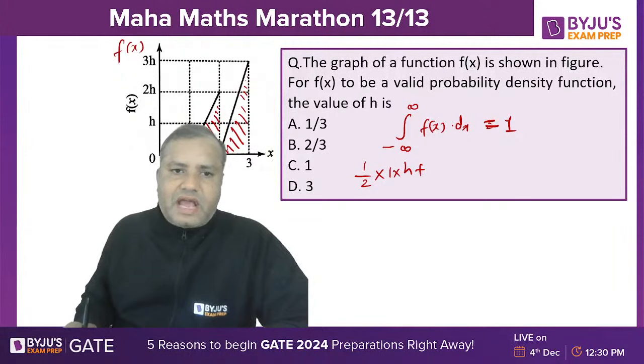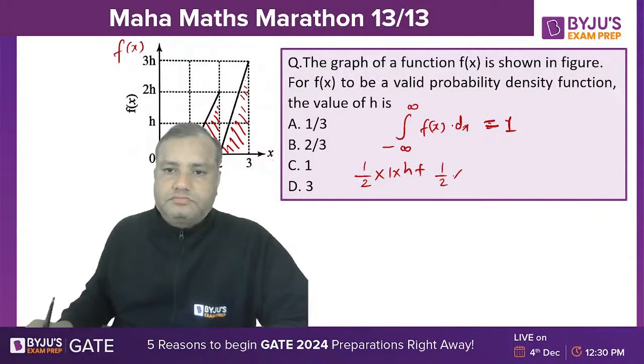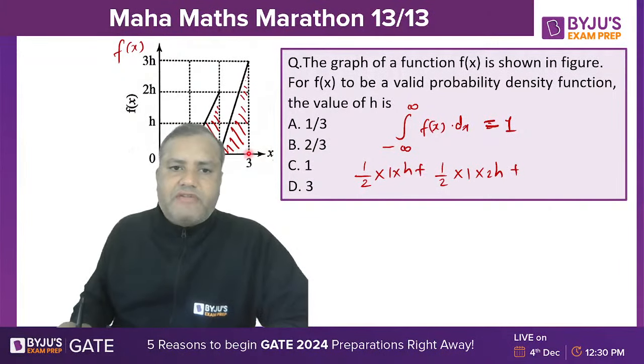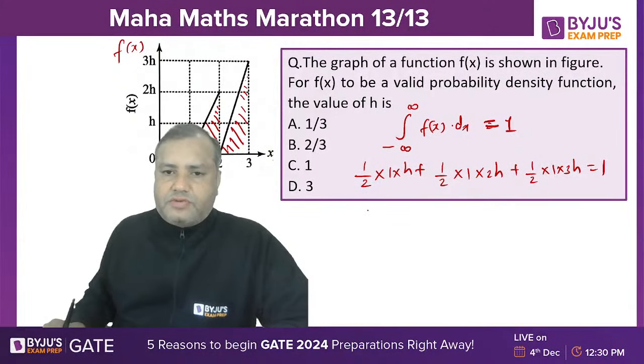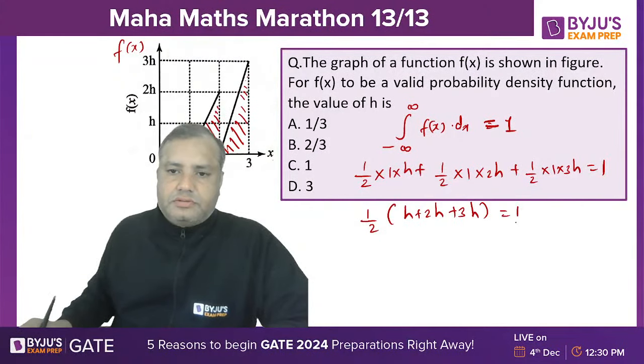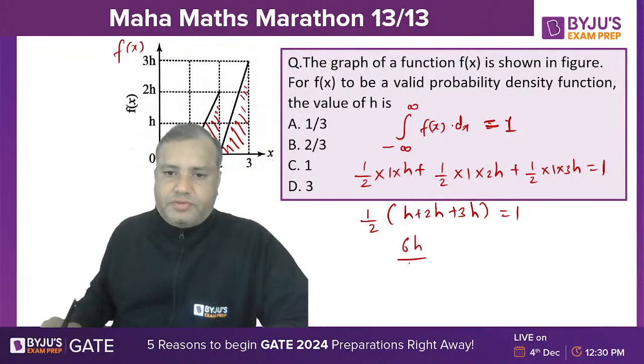The second triangle again has a base of 1 unit, height 2h. The third triangle again has a base of 1 unit width and height 3h. So 1 by 2 is out. h plus 2h plus 3h. So 6h by 2. h will be 1 by 3.